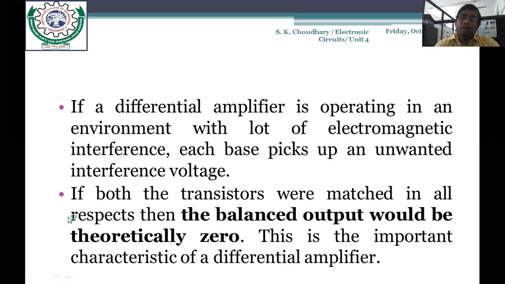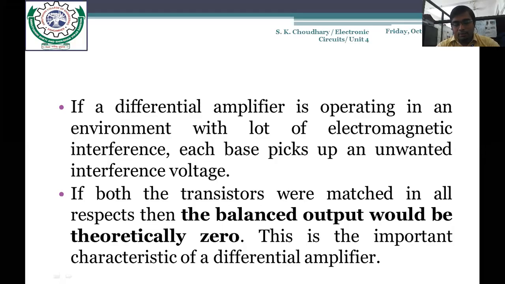That's why, if you have done an experiment on a breadboard and observed the output on the CRO for any BJT based amplifier or any other transistor based amplifier, you would find lots of noise or interference signals on the CRO screen because of this unwanted interference voltage.